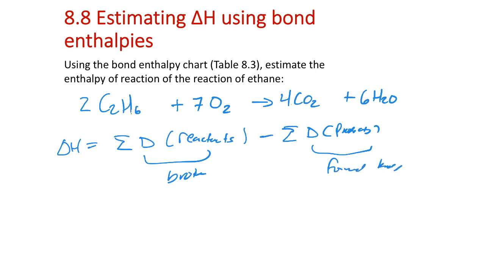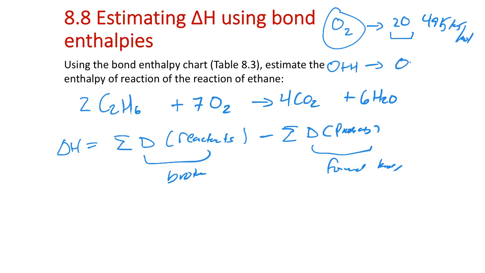The reason why this works is the bond strength for O2 to 2 O's is 495 kJ per mole from the chart. So it takes 495 kJ to break a mole of oxygen bonds to 2 oxygens, so that takes energy. And then if we were to take, say, an O and an H and form back one OH bond, then we get energy back.